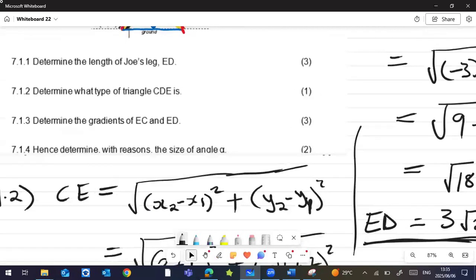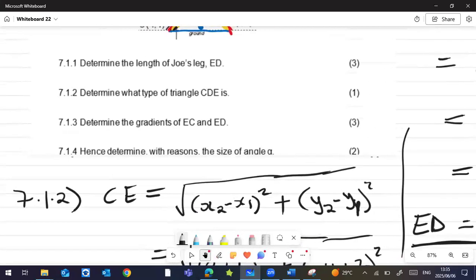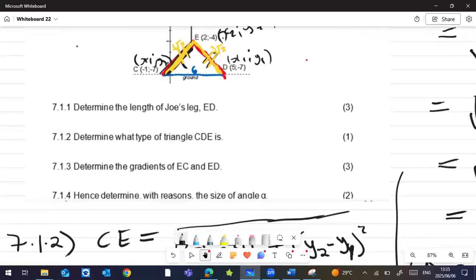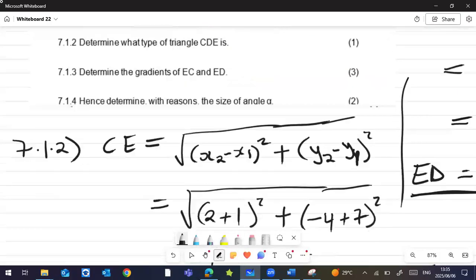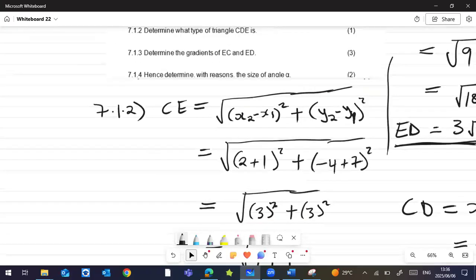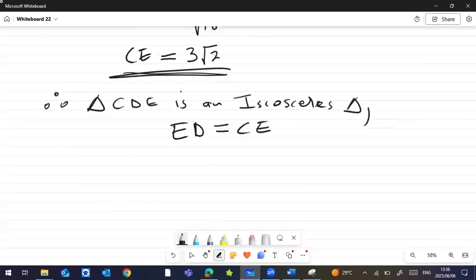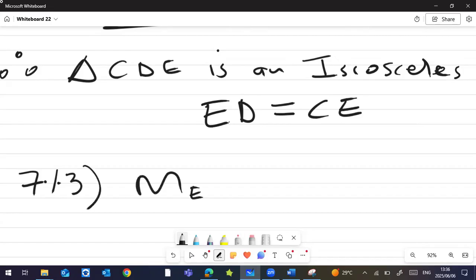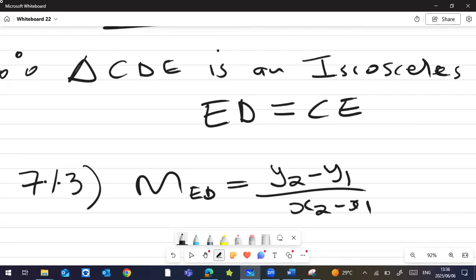7.1.2. Now look at question 7.1.3. They want the gradient of EC and ED. Now let's look at EC and ED, their gradient. We want the gradient of, let me start with ED, then it should be y2 minus y1 over x2 minus x1.